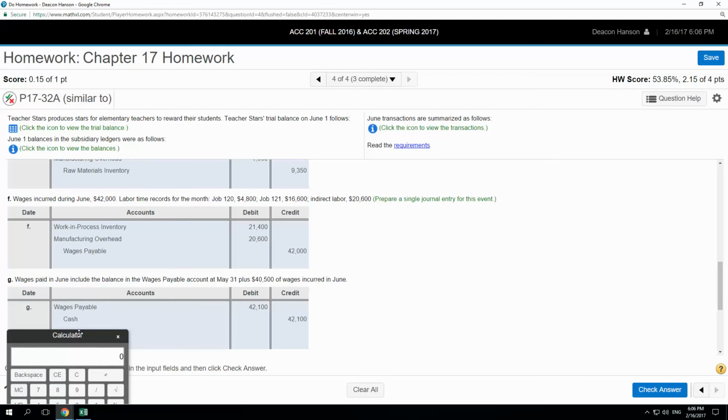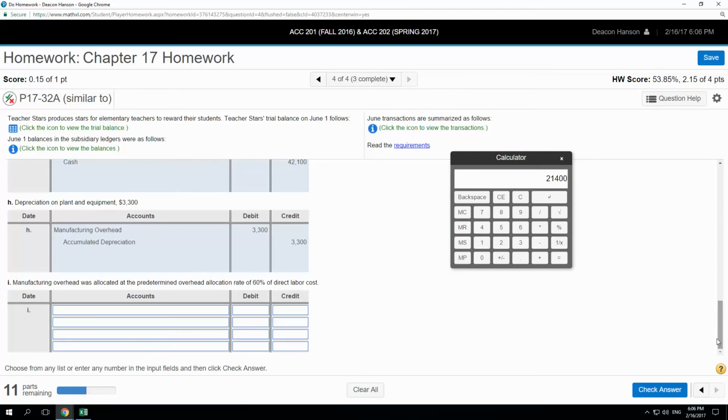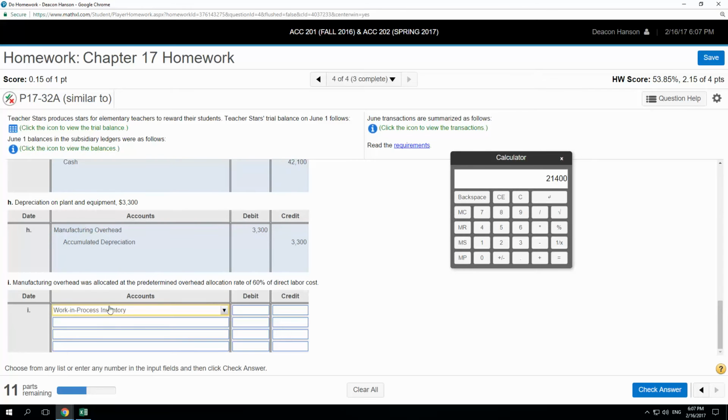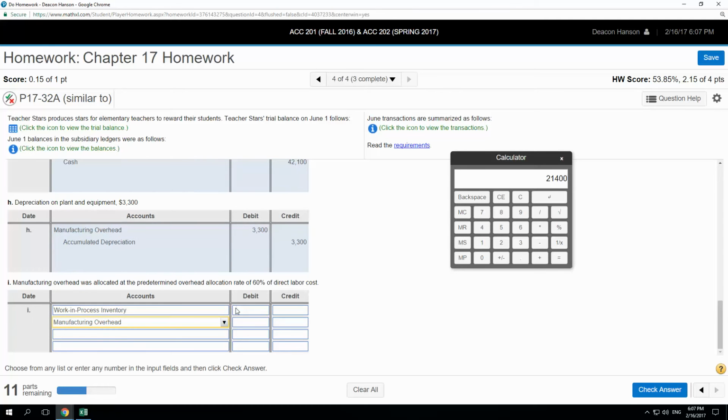I know you guys have different numbers, but 21,400. And they're saying that we're going to apply overhead to work in process at 60% of the direct labor costs. So I'm going to book a debit to work in process and a credit to manufacturing overhead.